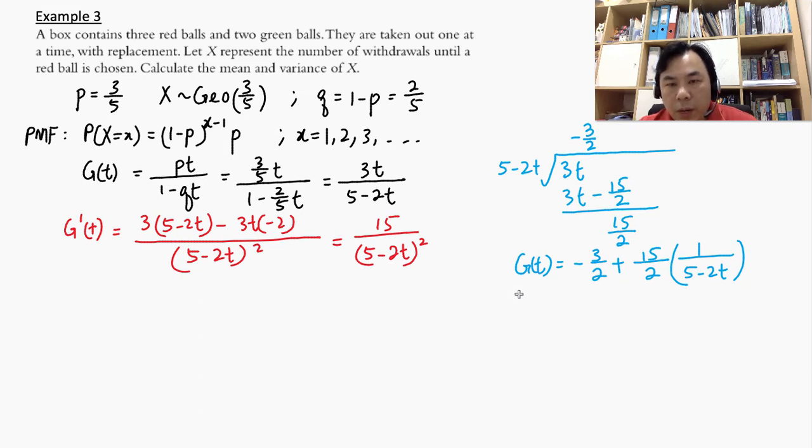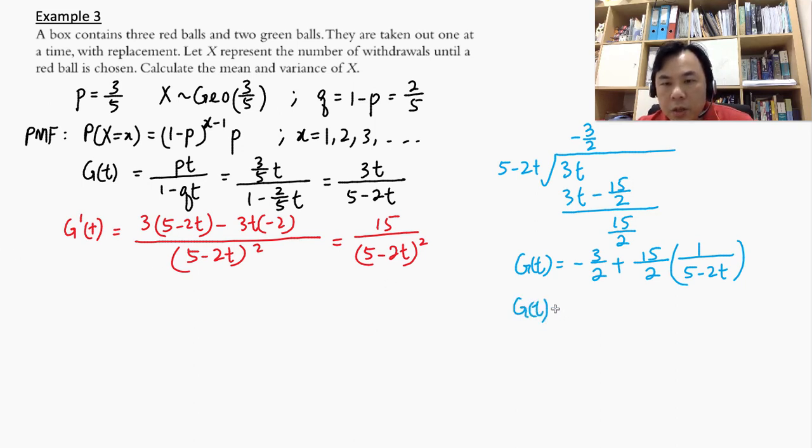So therefore, by differentiating this with respect to t, I can cancel off this one here. Differentiating this is quite easy, so therefore it is 15 over 2 here, and then I need to take out negative 2, and then of course that will be squared. Okay, so there's a negative 1 here also, sorry. Okay, maybe I'll write it down like this, it'll be easier for you to see what's going on. Okay, hold on.